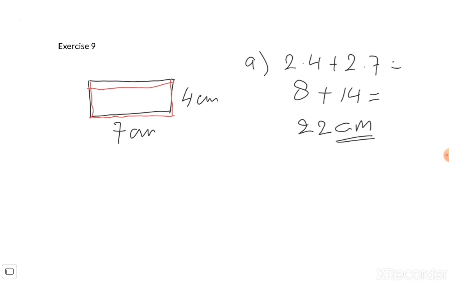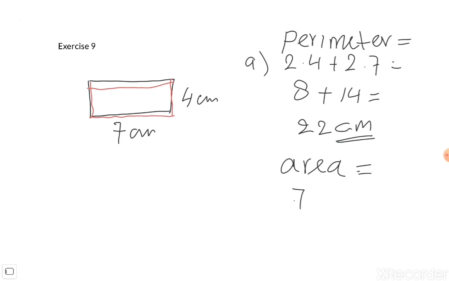And to calculate the area, so there was the perimeter, right now we're gonna calculate the area. And to calculate the area of a rectangle, we do length times the width.